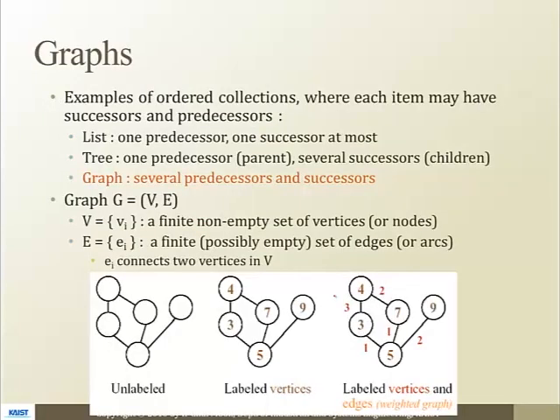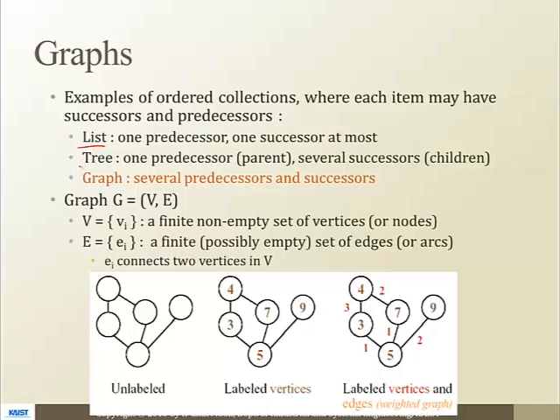So first things first, we have to understand what graphs are, so we need to define them. Graphs are kind of ordered collections, but we have been dealing with different types of ordered collections already. The first thing was the list. However, this list was not ordered; it's an unordered list. There was no single rule that can decide what would be the predecessor and what would be the next successor.